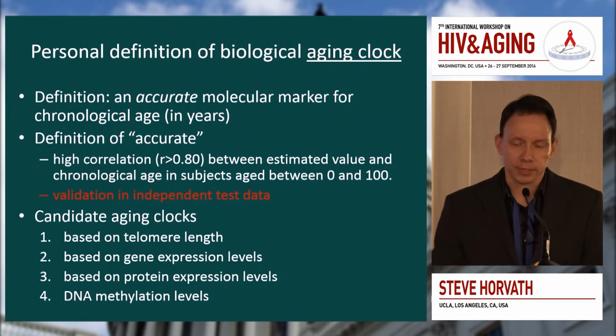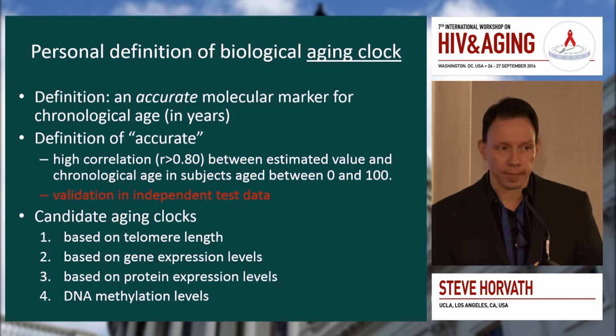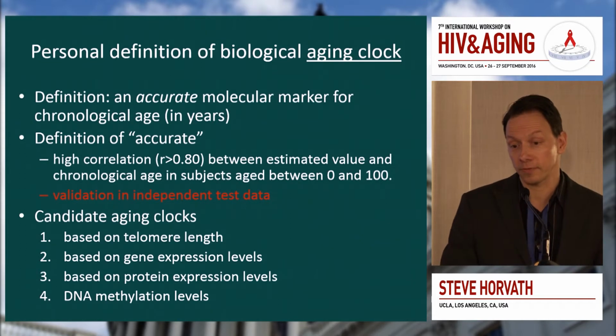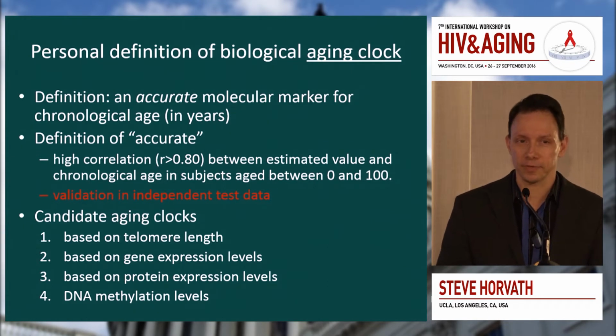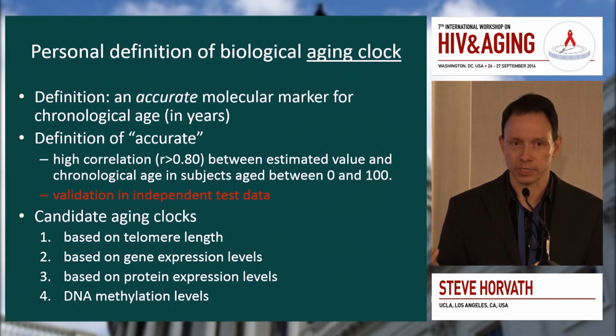So I talk about an aging clock, epigenetic clock, and I've been criticized for this unscientific use, so I felt I should give a definition of what I call an aging clock. In my opinion, the word clock implies that you have a very accurate aging measure.